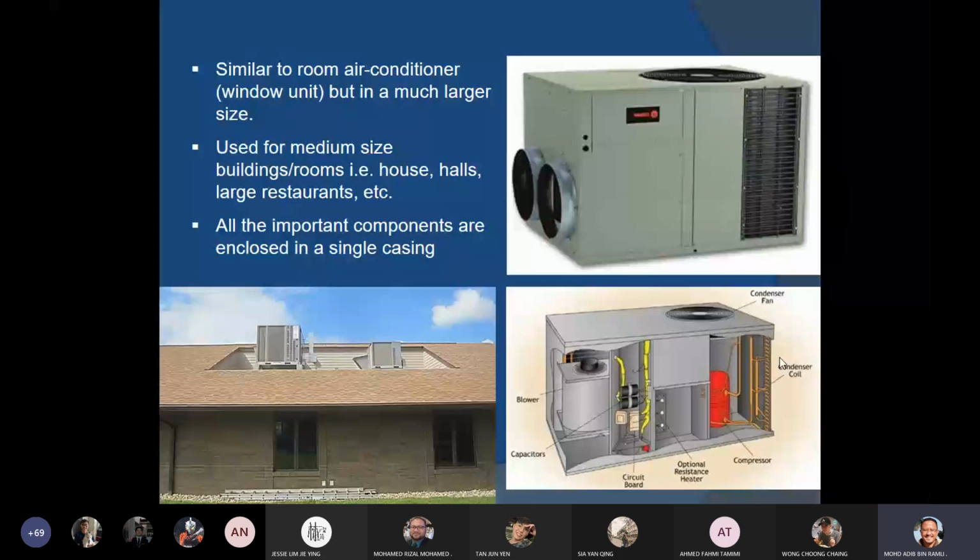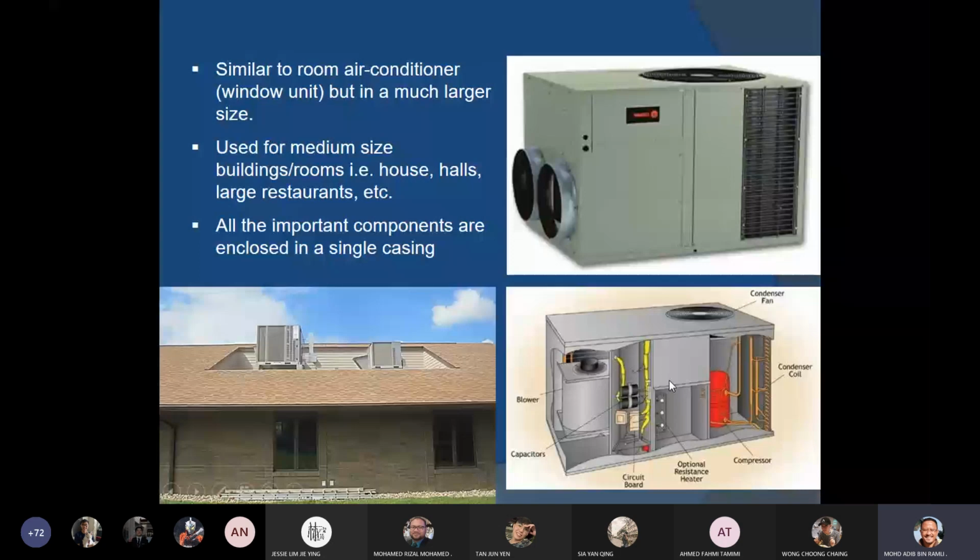You can see the compressor, the condenser coil, and then the condenser fan, right? Similar to the window unit, there are two fans. One is for the condenser. Another one is the blower to blow the cool air into the rooms.